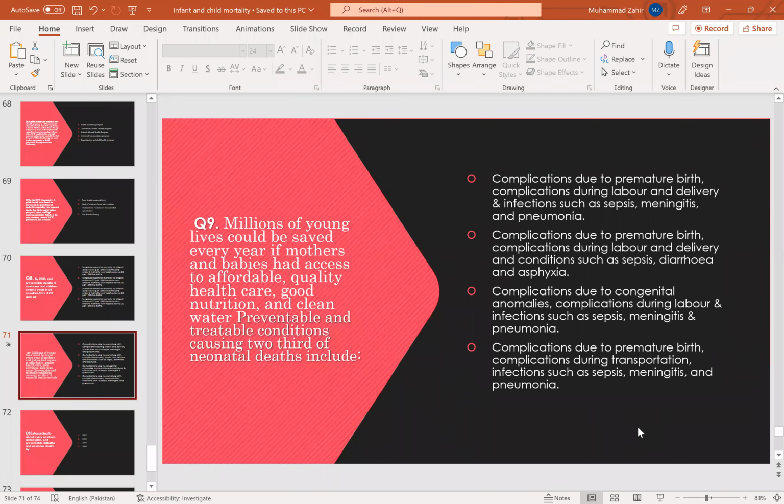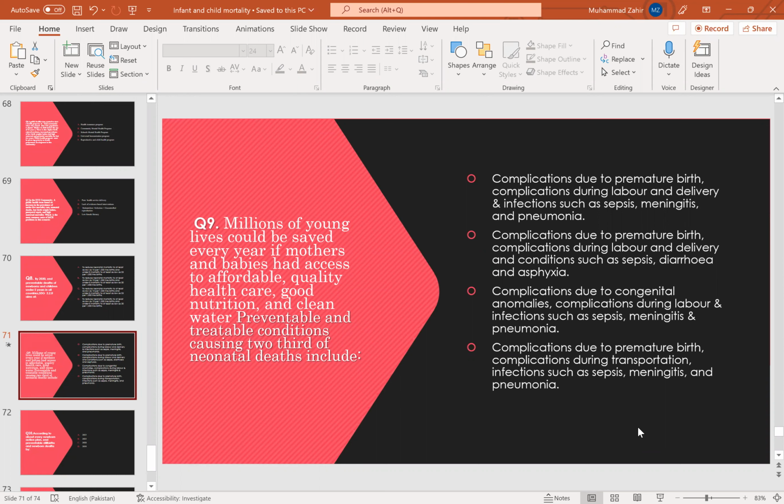Preventable and treatable conditions causing 2/3 of neonatal deaths include, options are in front of you. A is the correct answer. Complications due to premature birth, complications during labor and delivery, and infections such as sepsis, meningitis, and pneumonia.